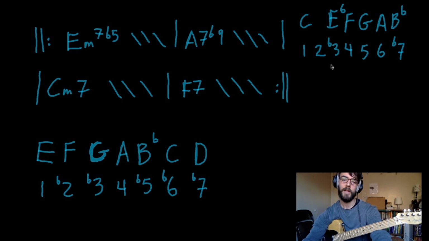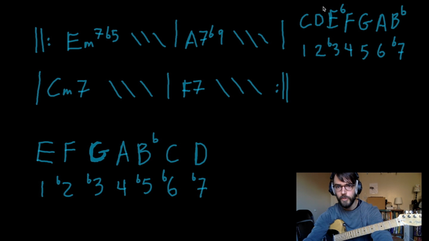Alright, and then using the same logic as the Dorian mode example that we looked at, we do have a flat 3 and a flat 7, so we know it's one of our 4 minor-y sounding modes, but we don't have a flat 6, which would tell us that it's Aeolian, which means that we can, by process of elimination, assume that a D would work really nice here, and that what we're playing is the Dorian mode.